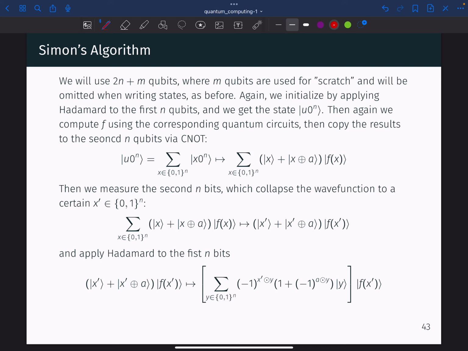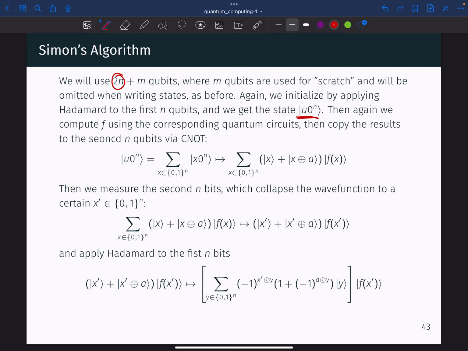So let's set up the qubits here. In this case, we'll be using 2n plus m qubits, where m is used for scratch, and as before, we'll just not write it out. So we'll be using the 2n qubits here. Again, we'll first apply the Hadamard to the first n qubits, and we get the uniform superposition in the first n qubits.